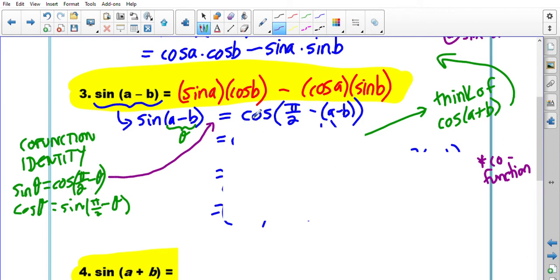So that's what I've done here. I've written sin θ, which is A − B, as cos(π/2 − θ), where this is theta, essentially A − B.